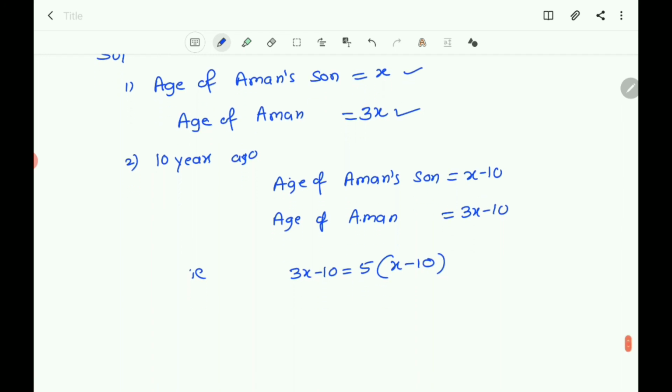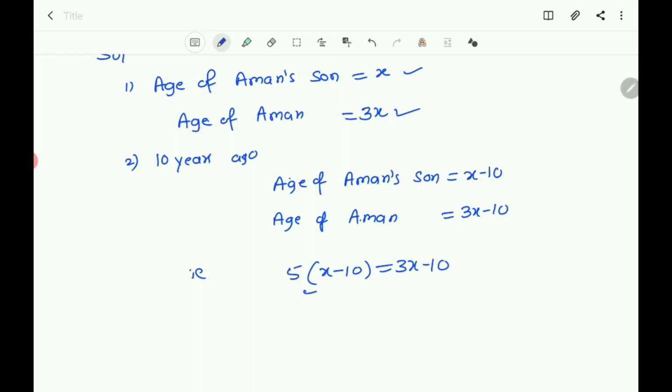To make it easy, you can write that on the LHS, because 5x is more than 3x. So 5 into x minus 10 equals 3x minus 10. It is convenient for both; both are the same, taking LHS on RHS or RHS on LHS.